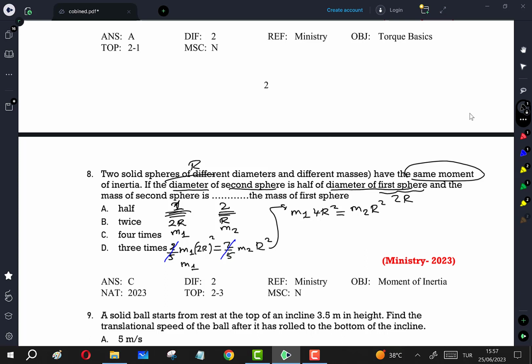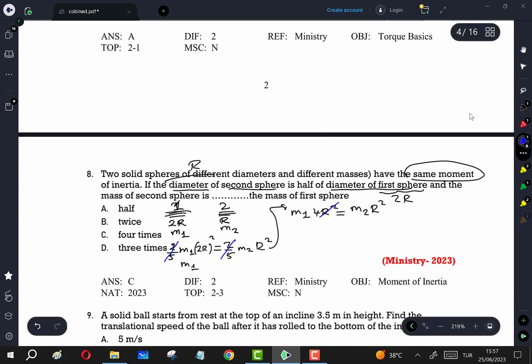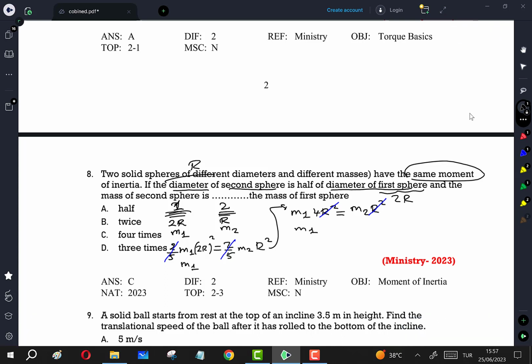Again, now I can simplify this r squared. What is left? m1 times 4 is going to be m2. The question says the mass of the second sphere is how many times the mass of the first sphere? As you see, m2 is 4 times m1. Yani the mass of the second sphere is 4 times the mass of the first sphere. So C is the correct answer.